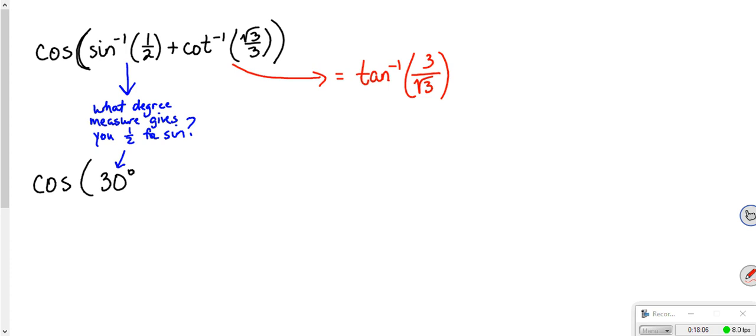So the arccotangent of root 3 over 3 would be the same thing as the arctangent of 3 over root 3, if I flip it. Now, if I rationalize that denominator, multiplying the top and the bottom by root 3, this is going to yield me arctan of just root 3, because you're going to have 3 root 3 over 3, and the 3's cancel.